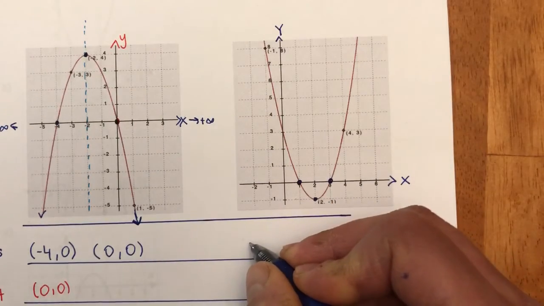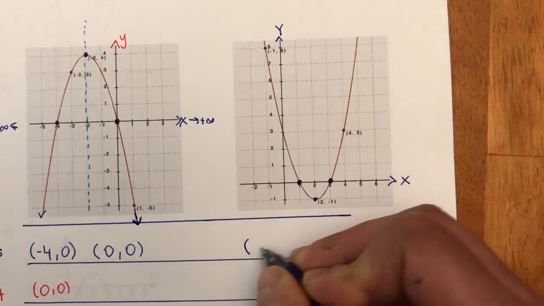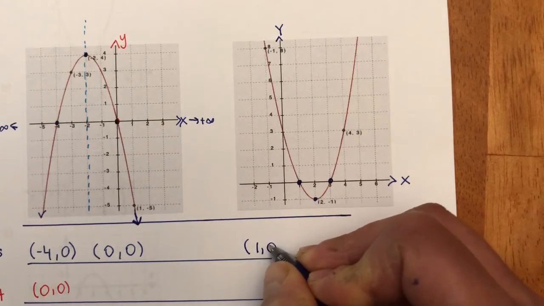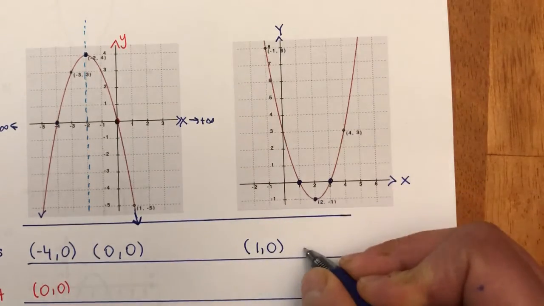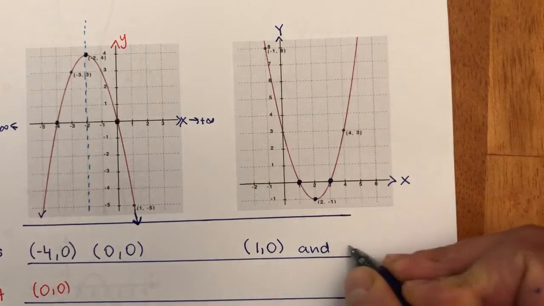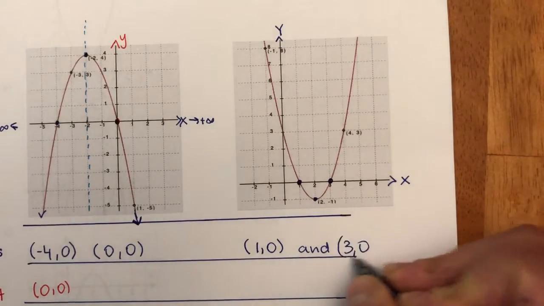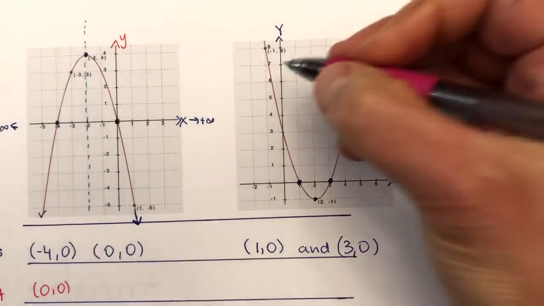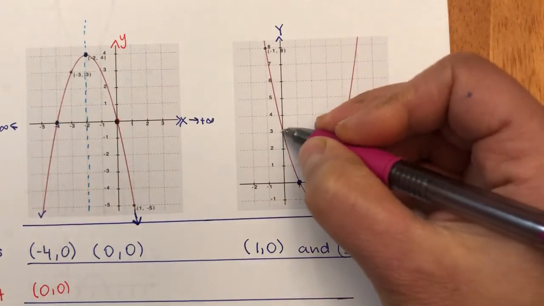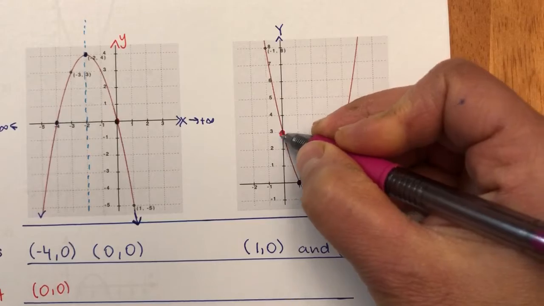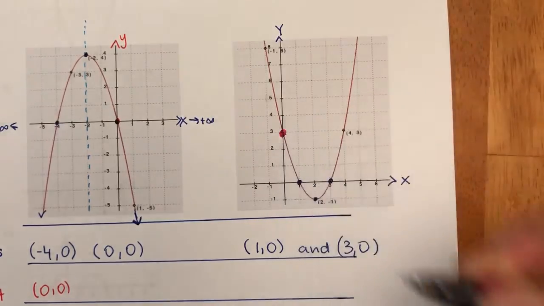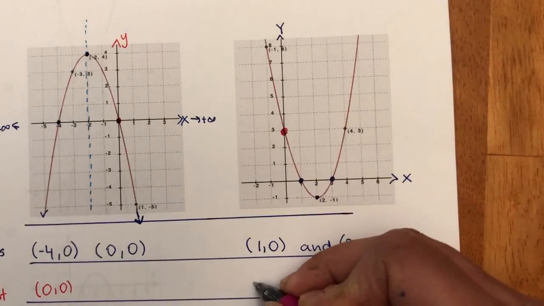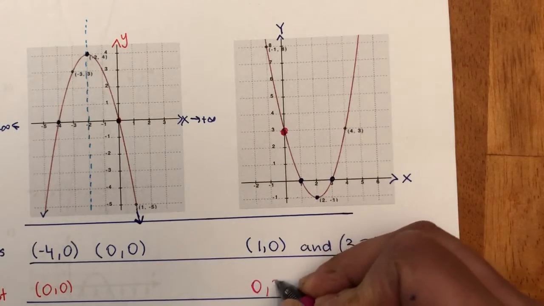I'm going to list them as points: 1, 0, and 3, 0. Y-intercept, I'm looking at the y-axis. This is where the graph is crossing the y-axis, and the coordinate of this point is 0, 3.